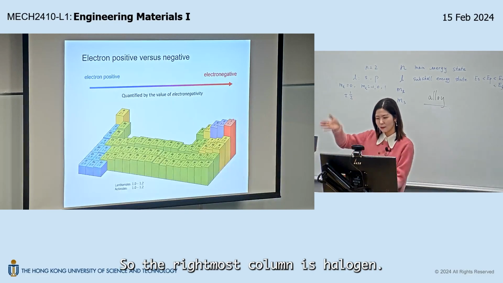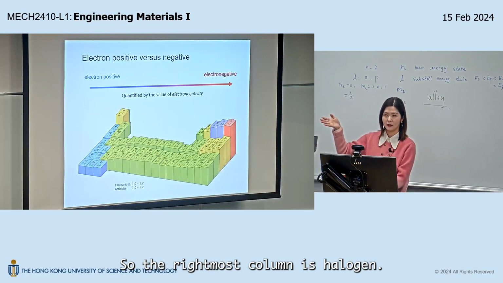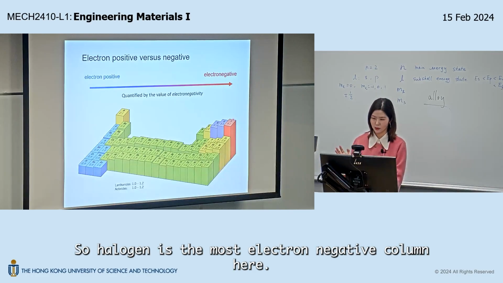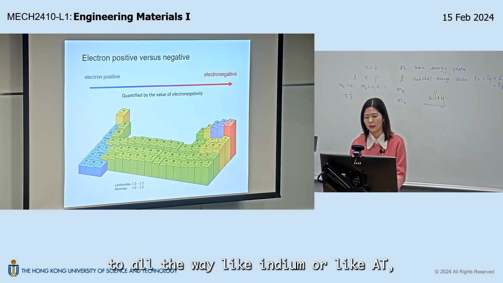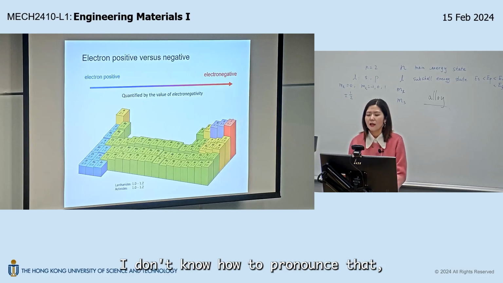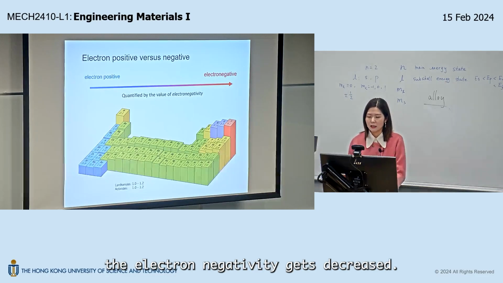So the rightmost column is halogen. So halogen is the most electron negative column here. And if you look at the column from fluorine all the way to astatine, I don't know how to pronounce that, the electron activity gets decreased.